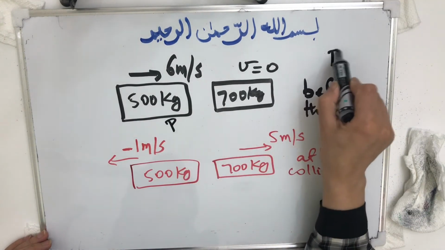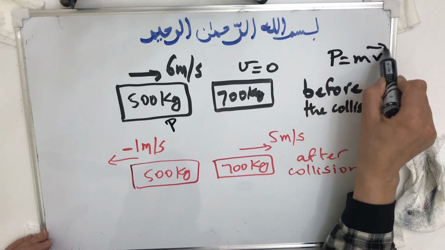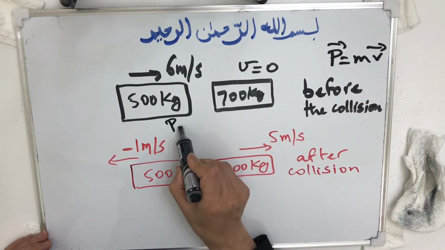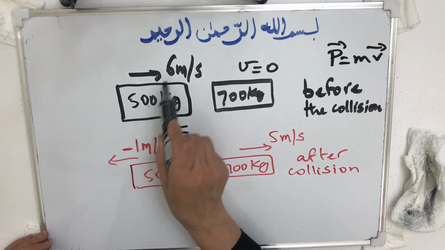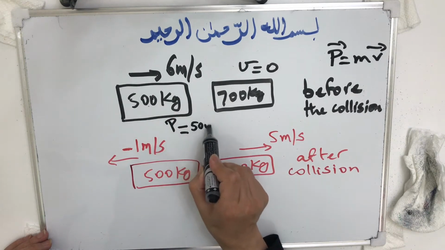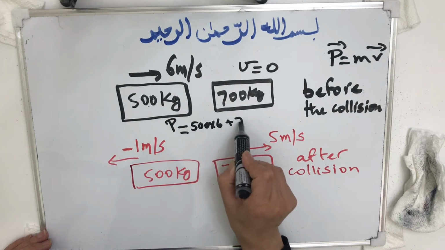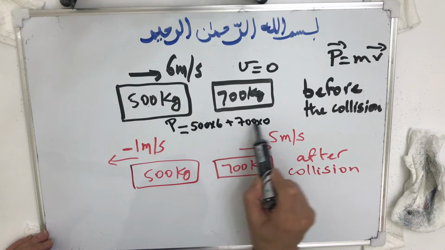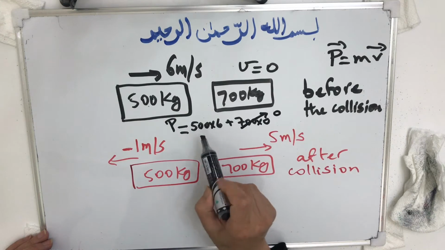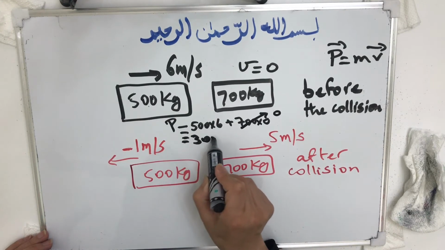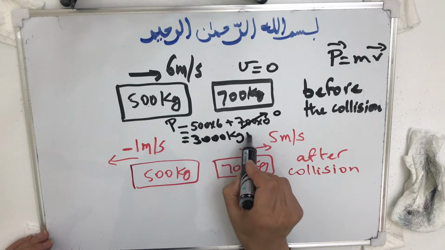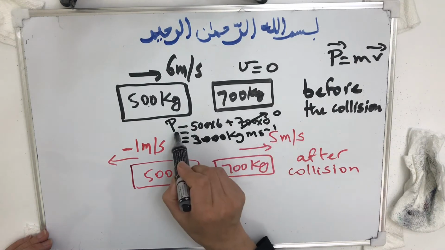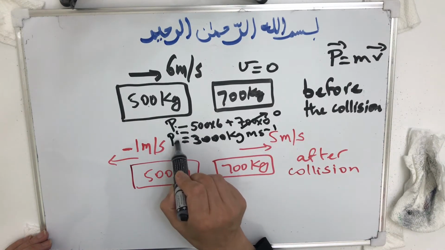Remember, momentum P equals mv. So P total here is going to be 500 times 6 plus 700 times 0. And this guy is just 0. 500 times 6, this is 3,000 kilogram meter second minus 1. So this is P initial before the collision.